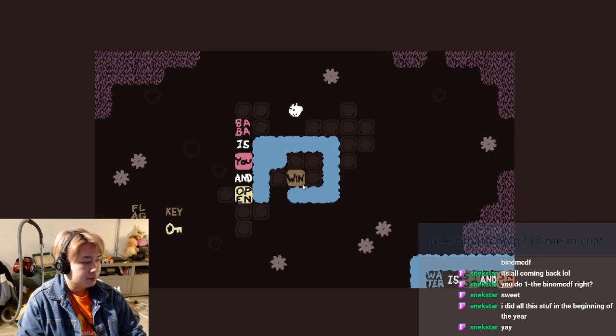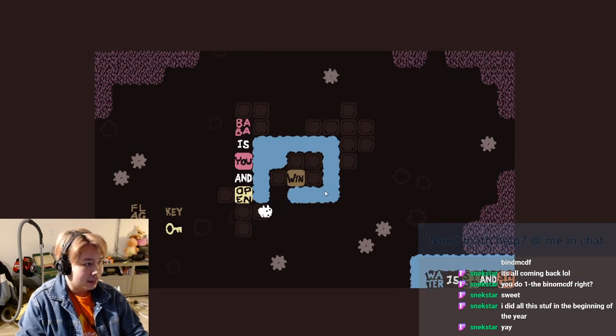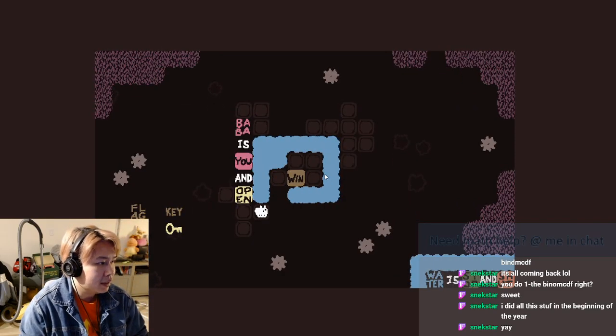If I try to get in here to push it, then it's stuck because it's against the water and I can't push it anyway. So I can't go in this way. I need to somehow make a hole on this side or this side.